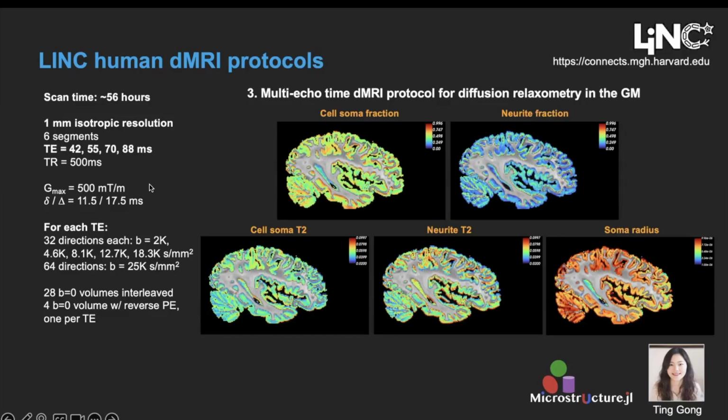So this was another protocol that involved multiple echo times as well as multiple B values at a somewhat lower spatial resolution of 1 millimeter. So all these three protocols, we have them in two hemispheres, and we have other hemispheres in the pipeline to be scanned.